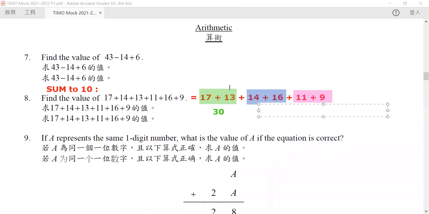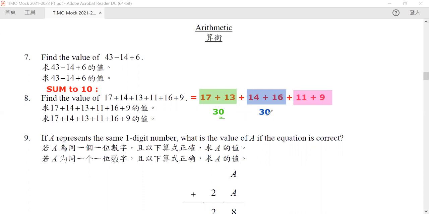Yes, it is equal to 30. Now, 14 plus 16 equals 30. Excuse me, I'm sorry, it is also equal to 30, okay?